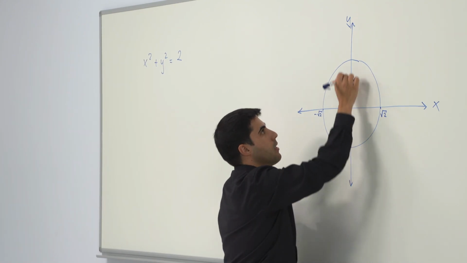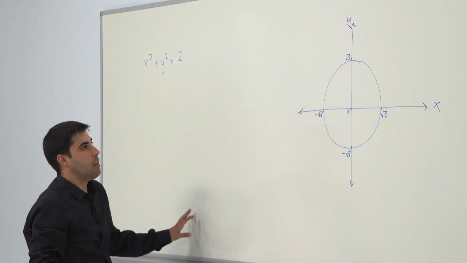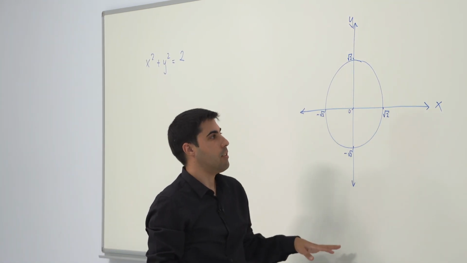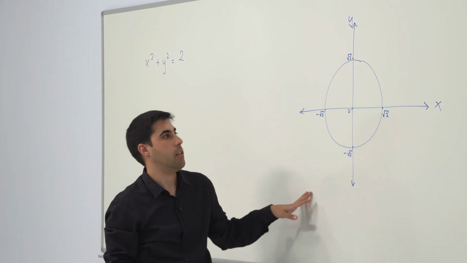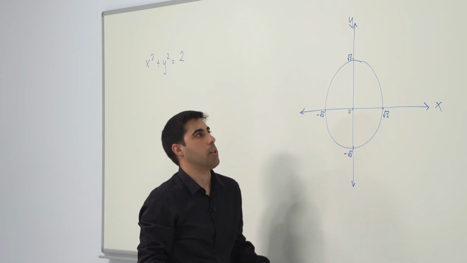Minus square root of 2 over here and square root of 2 over here. So for an example, we might need to calculate the tangent to a point on this circle, the equation of the tangent line to any given point.